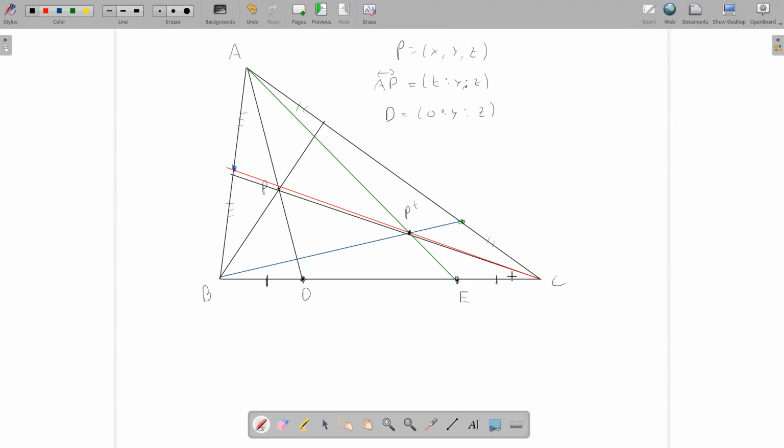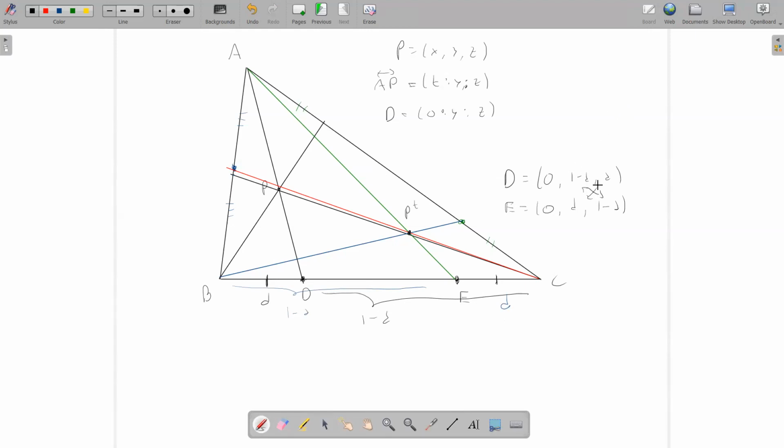Now, what does this tell us about E? If we call BD d and DC 1 minus d, we know that EC is d and BE is 1 minus d. So D has dehomogenized coordinates 0, 1 minus d, d, while E has coordinates 0, d, 1 minus d.